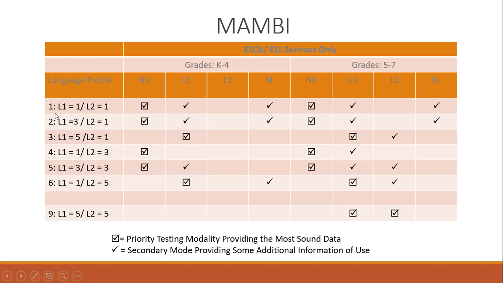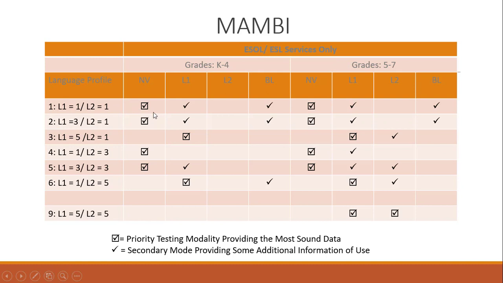And then you find your profile. Like we were saying, for somebody who's completely alingual, for both early grades K through 4 and 5 through 7, nonverbal is the way to go. But you probably also want to get some information for them in their first language and some information for them bilingually. And it doesn't really matter where they are.